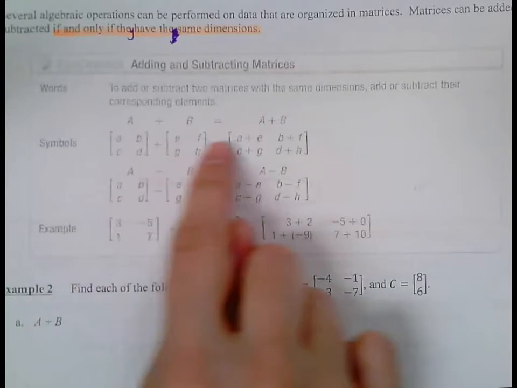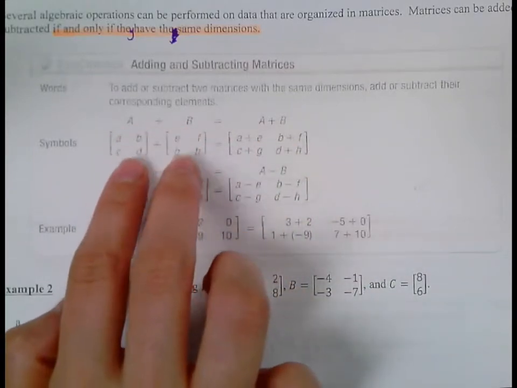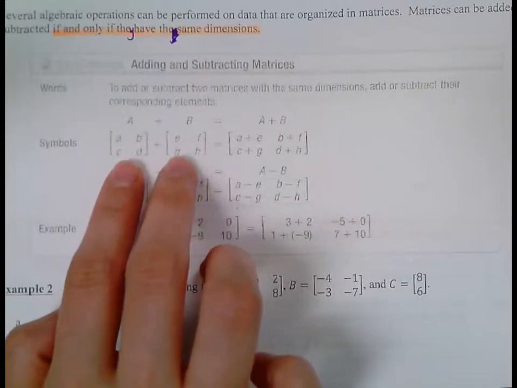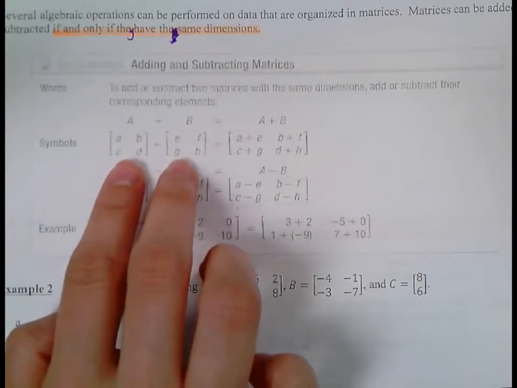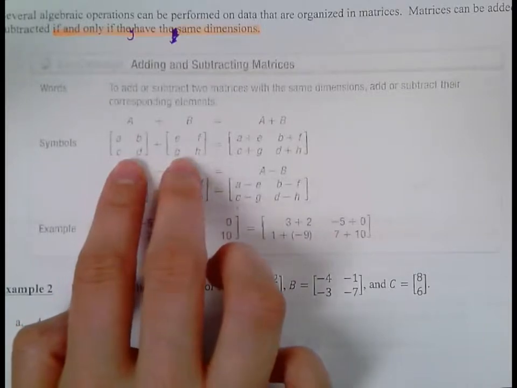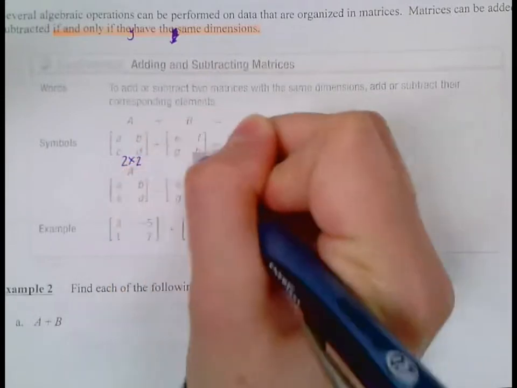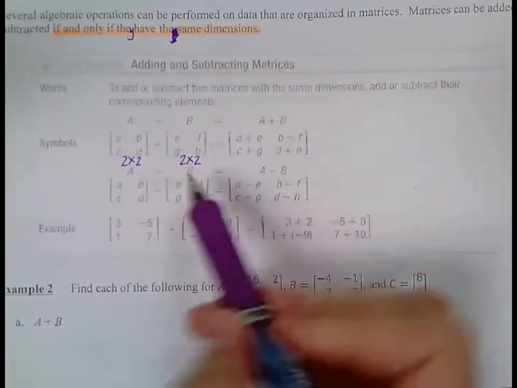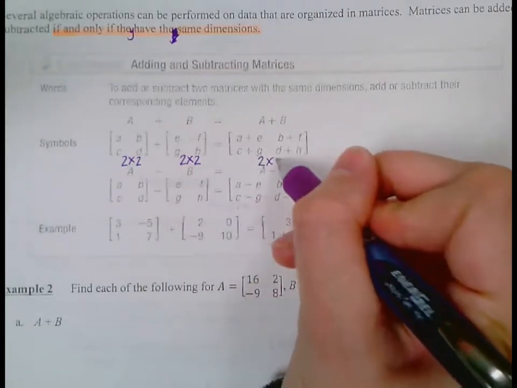So just looking at this first row where we're adding matrix A and matrix B, what dimensions do both of these have? How many rows, how many columns? 2 by 2. And then what I want you to notice is the sum, adding A plus B, is also going to be a 2 by 2.